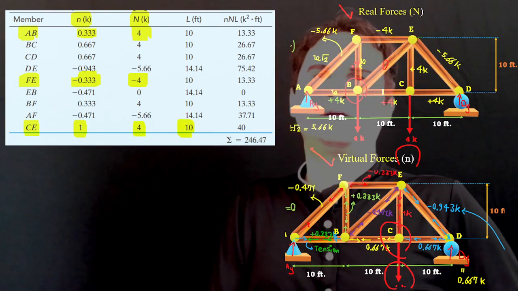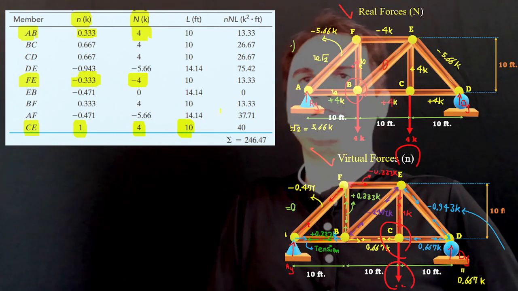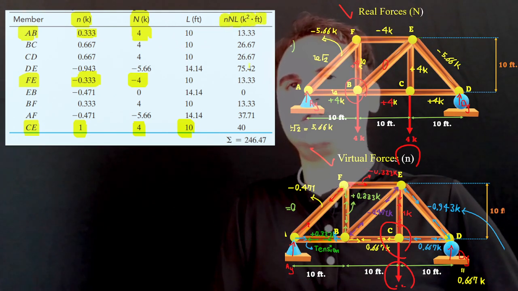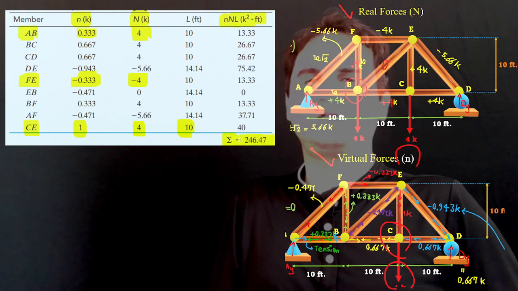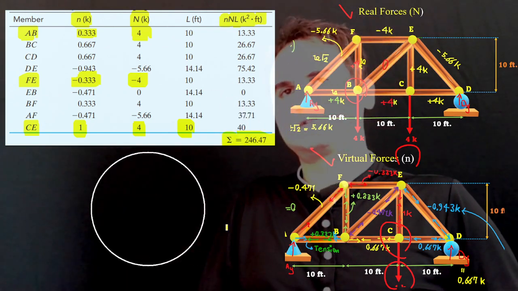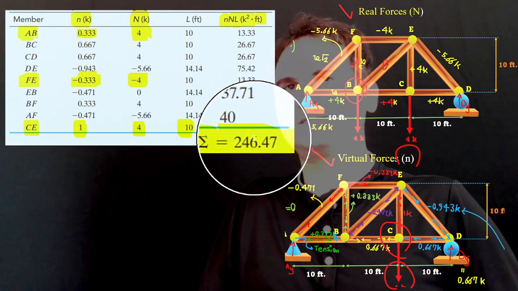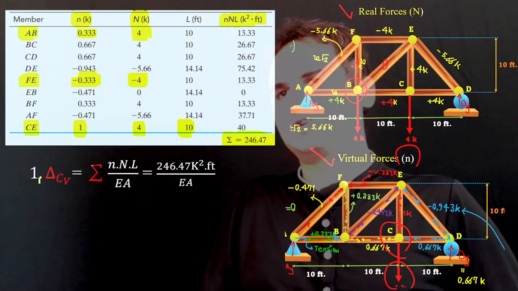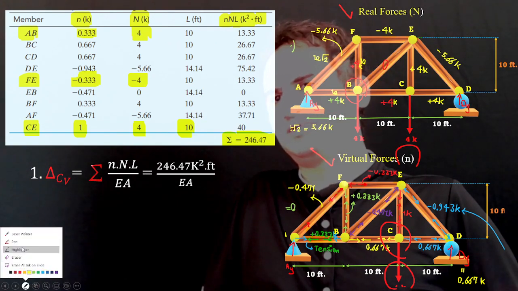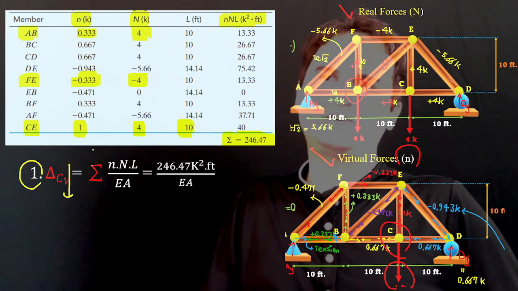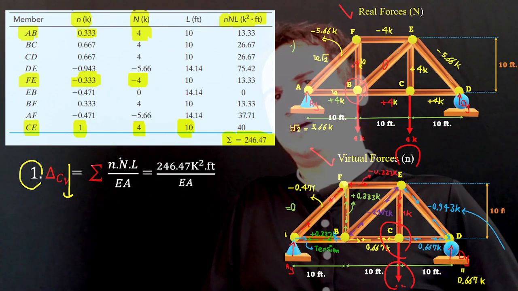The length of FE is again 10 feet, and if you do lowercase n times capital N times the length of the member and add all of them up together, it gives a summation total of 246.47. And if you jot down the equation, it gives you one virtual work times the downward delta C vertically equals the summation of n times N times length of member.